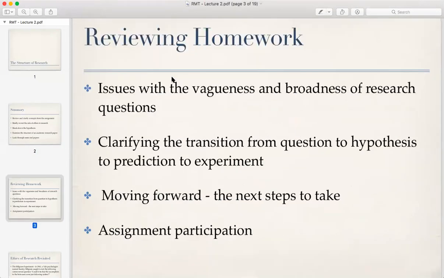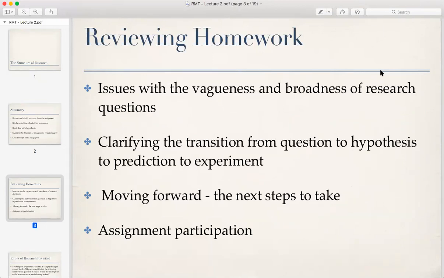Some of the issues that I usually have with the homework, that I didn't have with this session, but I'll review it regardless because I feel it's helpful, is I had a lot of issues in the past with vagueness and broadness of questions.